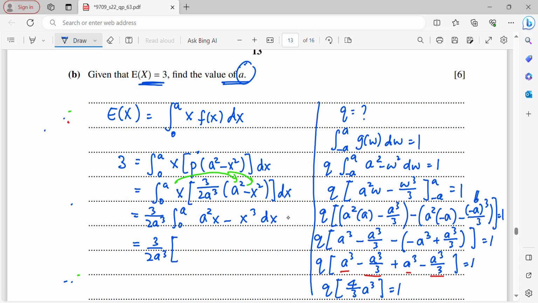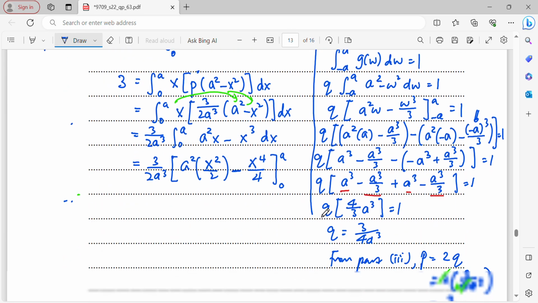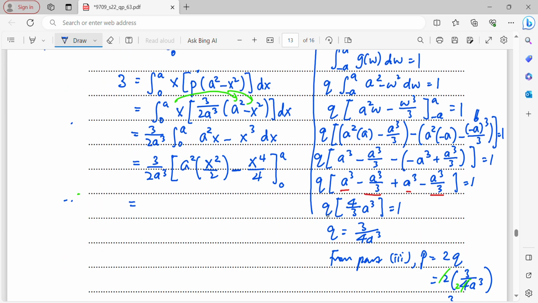Your variable is the x, your a is a constant. So when you integrate a squared x, it will be a squared, the x changes to x squared over 2, minus x to the power 3 becomes x to the power 4 over 4. Then limits will be 0 to a. Now here is going to be 3 over 2a cubed, right?